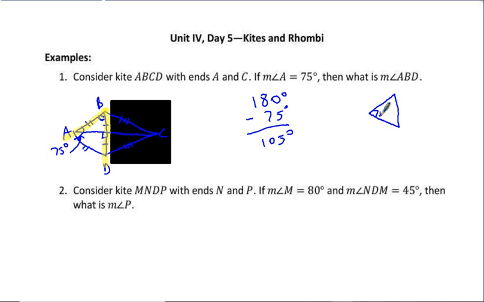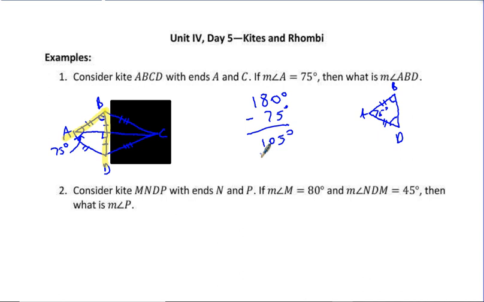This is 75 degrees, angle A. Angle B now is what I'm looking for, and angle D. I know that these sides were congruent, so therefore these base angles are congruent.